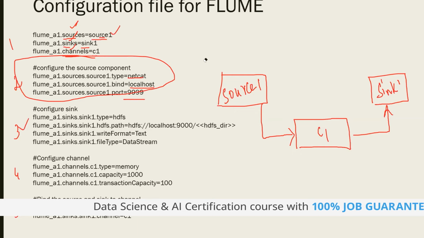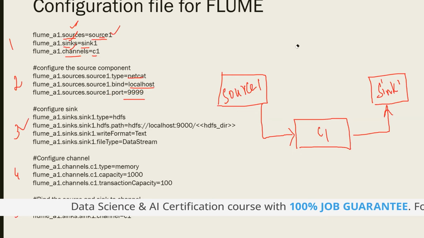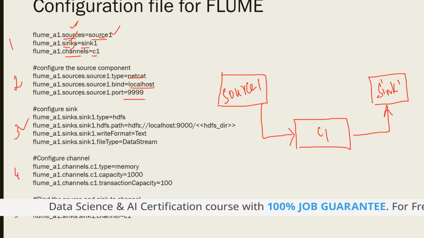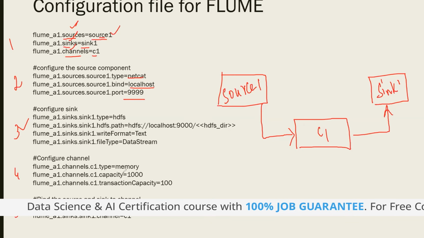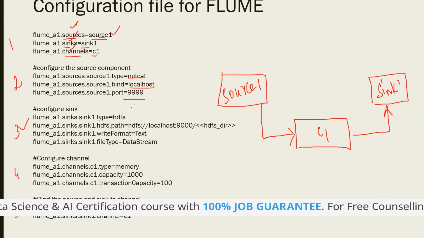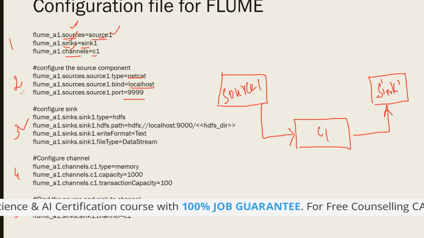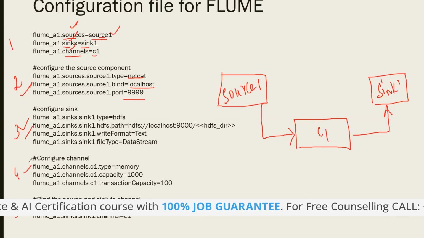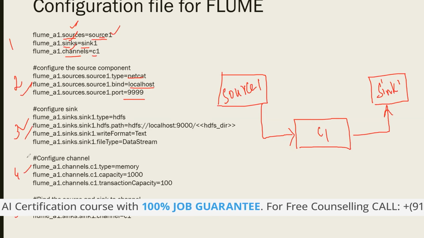You can write it in any order, not a problem. You can write the source component, then the channel component, then the sink configuration, or whatever order you want. These three can switch places.